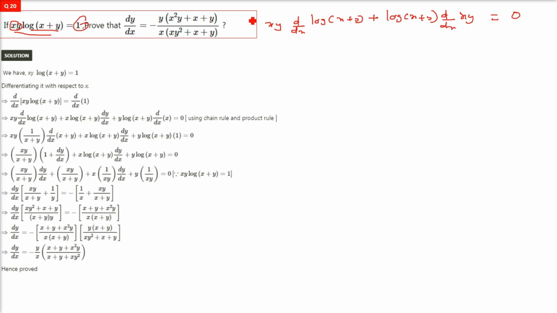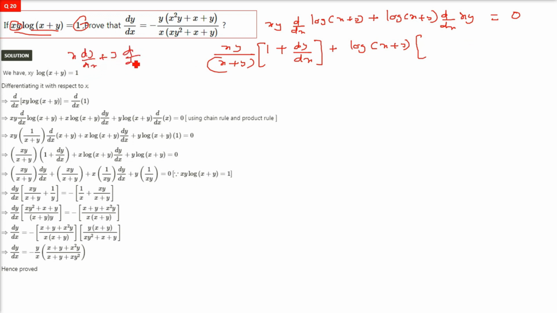Differentiation of 1 is 0. So we have xy, log x is 1 by x plus y, and then x plus y differentiation. Differentiation of x plus y is going to be x is 1 and this is dy by dx. This is the first thing. Now plus log x plus y, and again we will do the xy differentiation, x dy by dx plus y, dy by dx of x is 1 only.